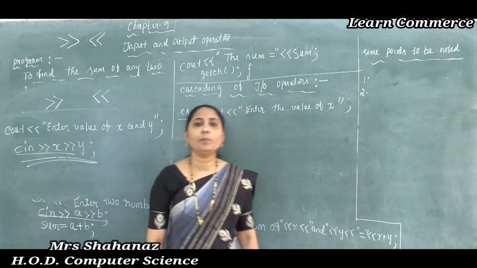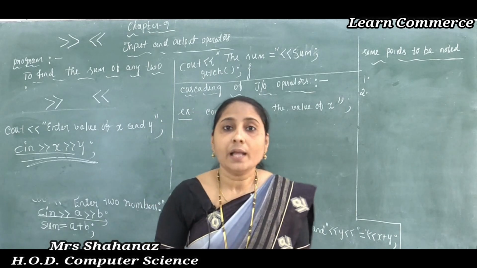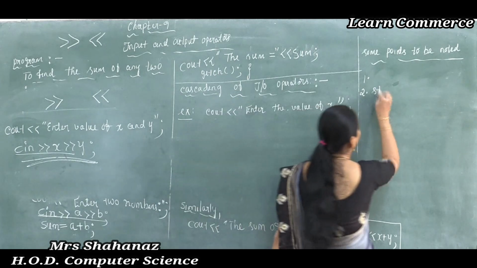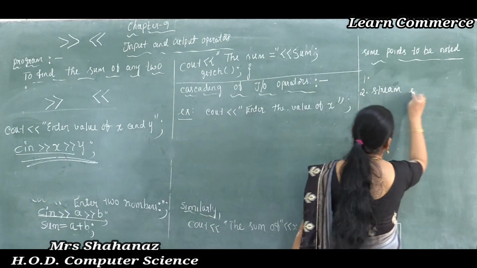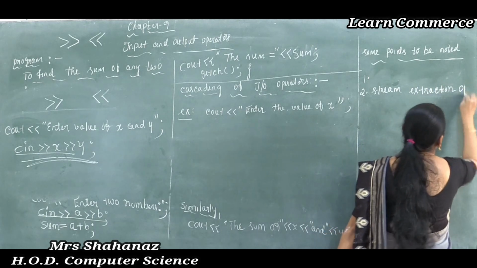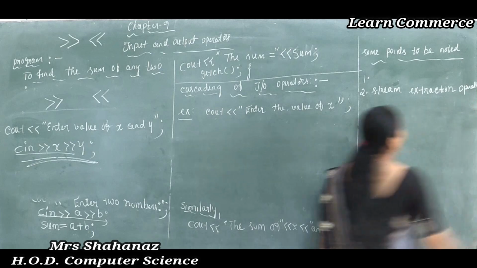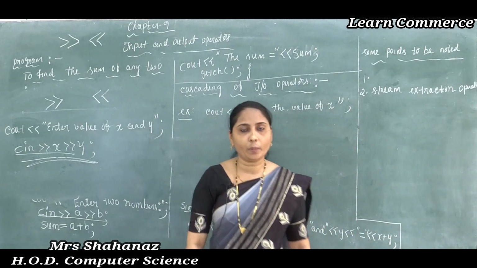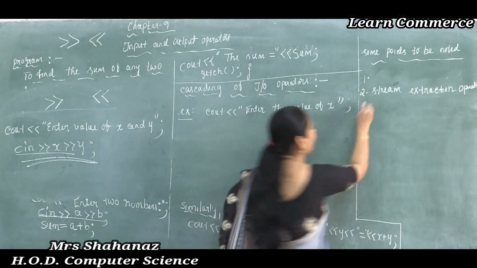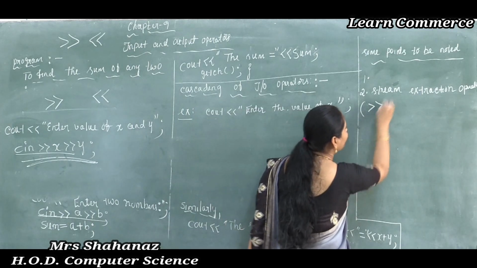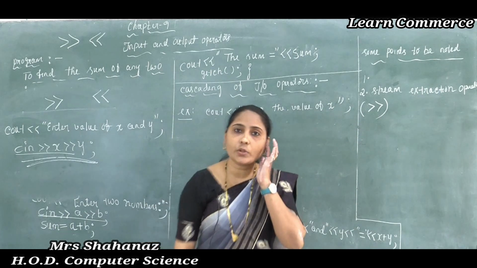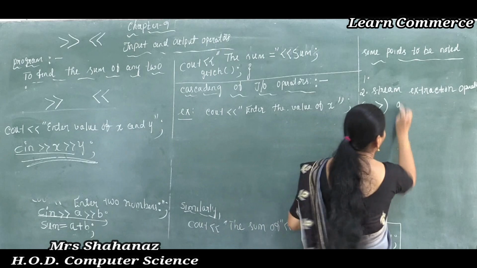Now we know that the input operator is also called the stream extraction operator. The operator we need to use is the two greater than signs here, and this one is also known as get from. Clear this point here.